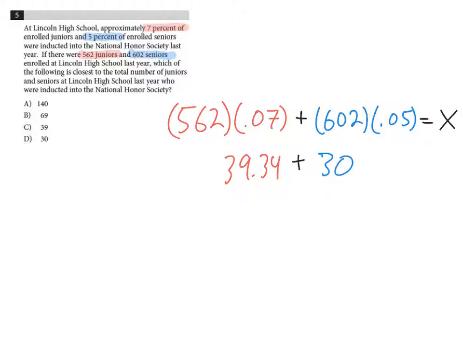That's 30.1, and now I'm just going to add those up. Well, it's going to be 69.44, and we want to know which value is closest. Well, clearly B, 69, is closest. Okay.